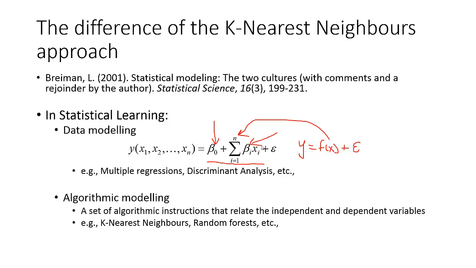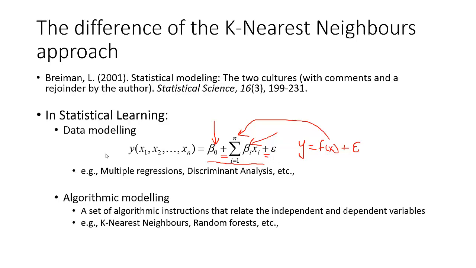Your job is to take some data and figure out the betas. This functional form itself, which in the case of linear regression is a linear combination of the different inputs plus some Gaussian noise, is cast in stone.